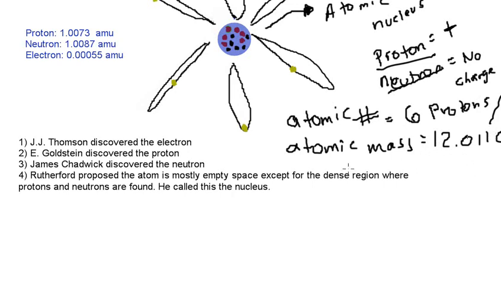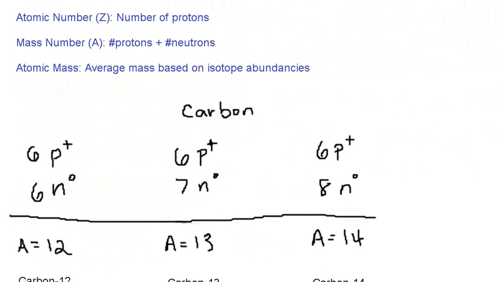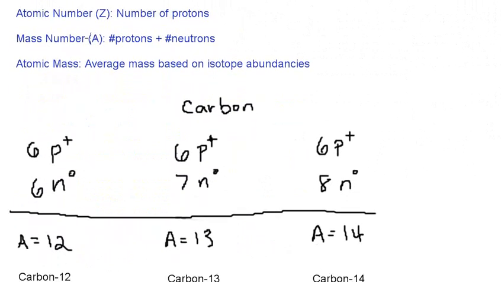So this atomic mass is simply an abundancy calculation in nature. Okay, whereas mass number is the protons plus the neutrons.